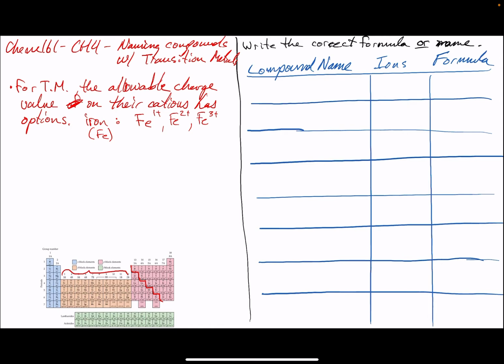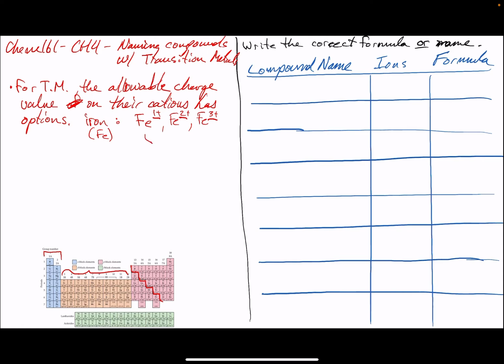And so what we need to do is reflect the type of iron cation that we have in the name with an additional detail. We cannot simply use the rule that we have for the alkali metals and alkaline earths, column 1, column 2. Those will always have a predictable charge value. Here, since we have many options, we need additional information.